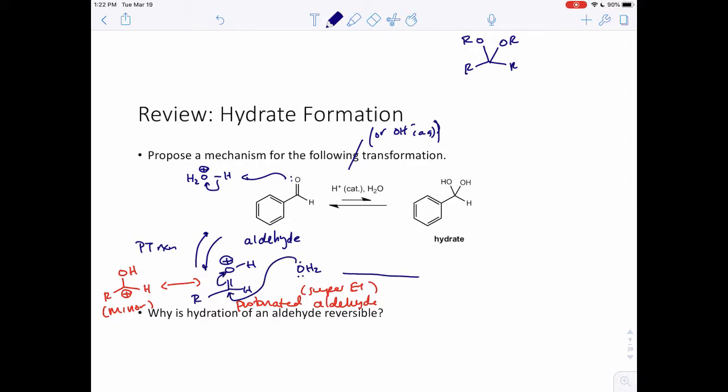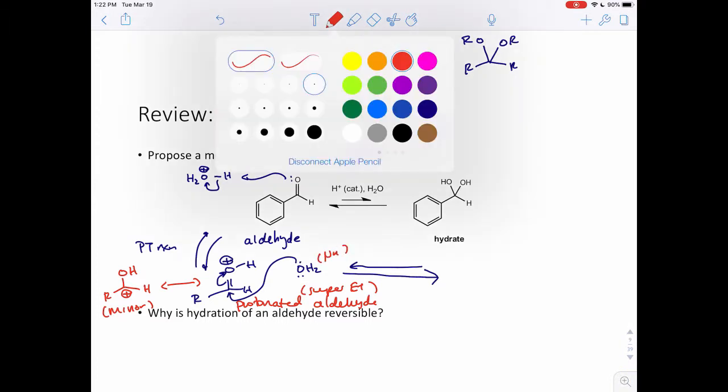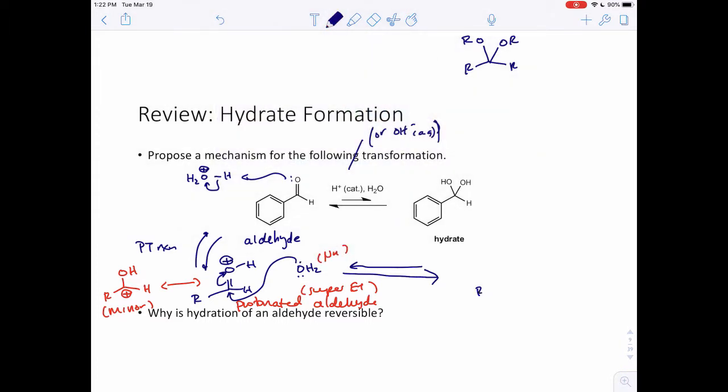So here's our nucleophilic addition step. That gets us almost to the hydrate. I can mention that water is a weak nucleophile, but it still attacks the carbonyl carbon because of this positive charge. And then finally, you just need one more proton transfer step to get the hydrate.